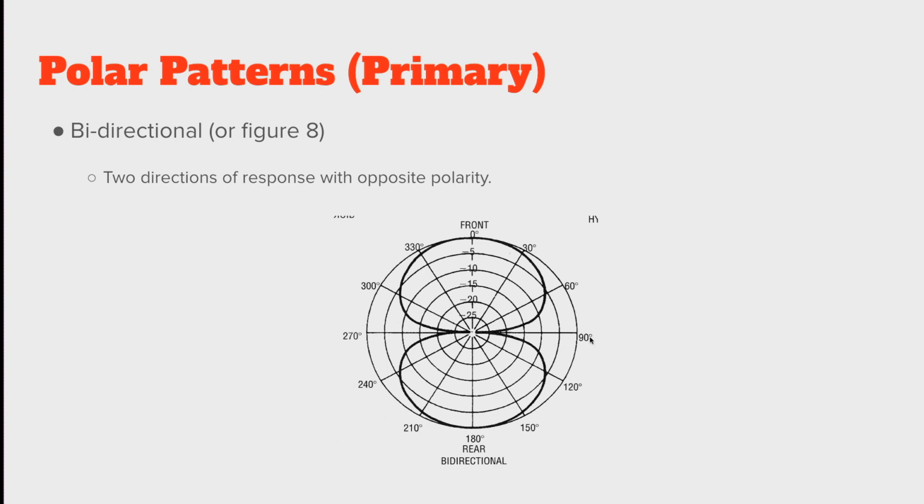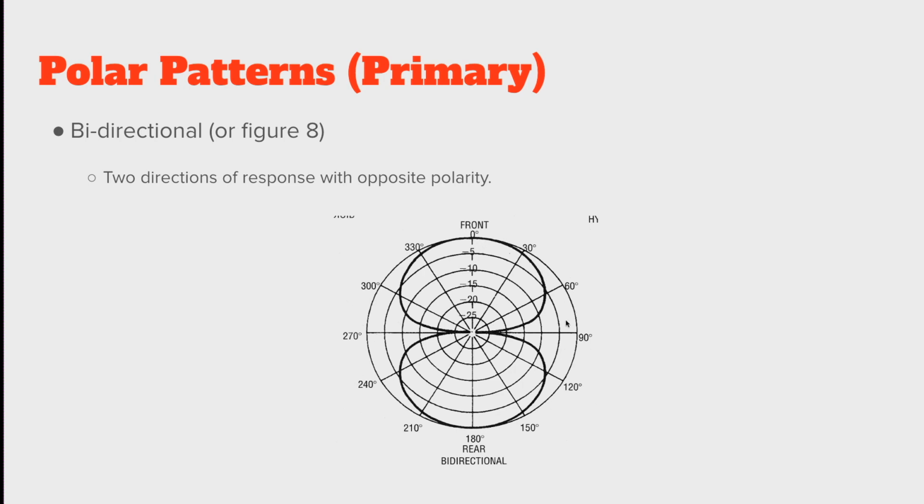In theory, if we were perfectly at 90 degrees with this microphone, we would get absolutely no signal level at all. Any other point, at any other angle from the microphone, we will get a lower output signal than we did when we were right at the 0 degree point.